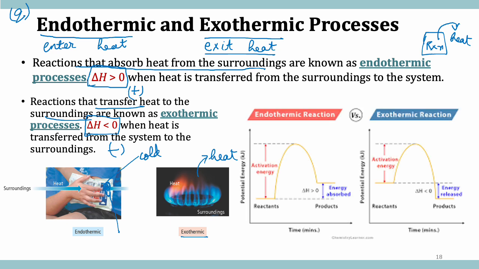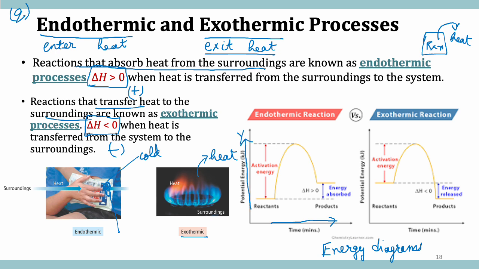Usually how can we show an exothermic or an endothermic reaction using an energy diagram? These are called energy diagrams. So for example, this is time on the x-axis, this is energy on the y-axis.